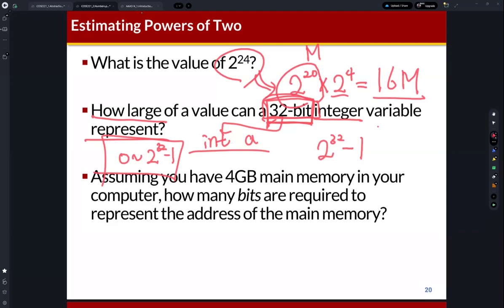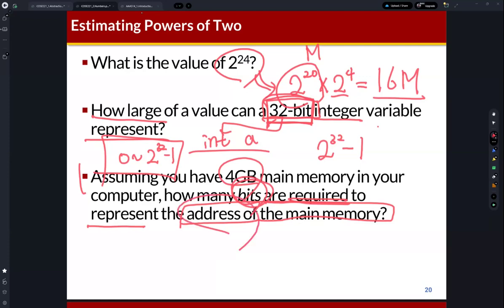Okay, and then the last example: assuming you have 4 GB of main memory in your computer, how many bits are required to represent the address of main memory? So do you understand this question? So what is the address?